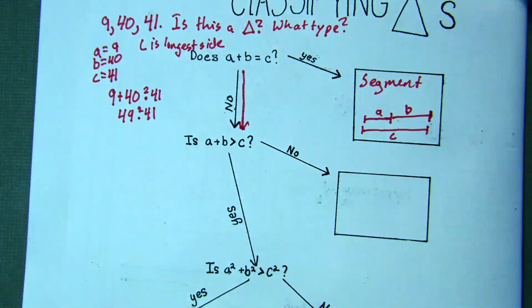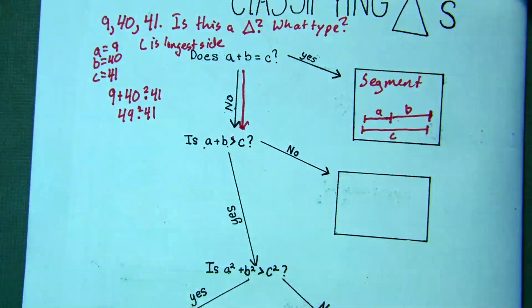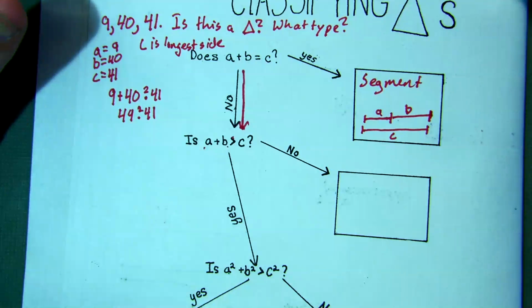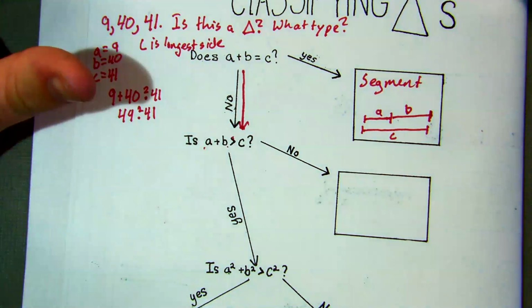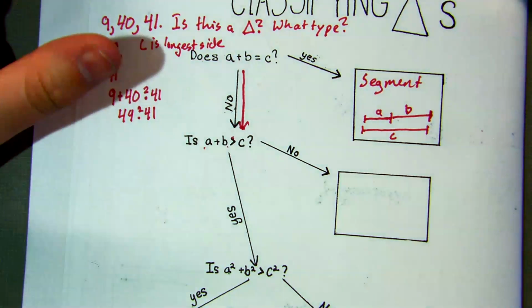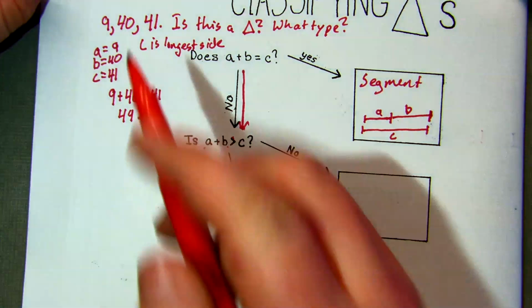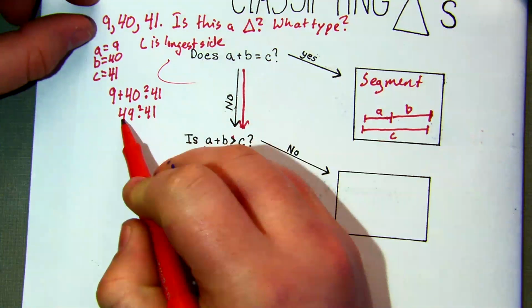All right. Our next question is A plus B greater than C? Shoot me in the chat, yes or no. So, if we look and compare, A plus B gives us 49.